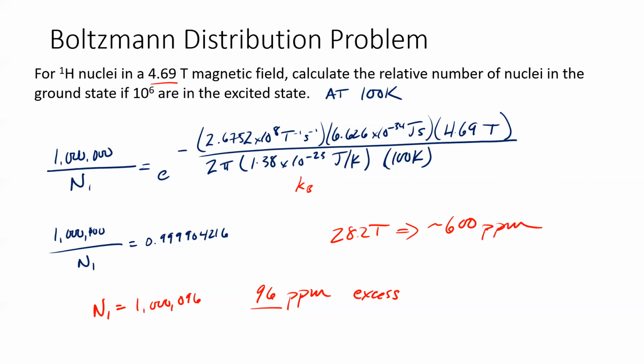That comes from the fact that the magnet is 6 times stronger, but you have a factor of 6 difference in the amount of nuclei that you can excite. And so you can have a resolution that's 6 times greater. So we talk about signal to noise and all that. Increasing magnetic strength is one of the main ways that we can do that.